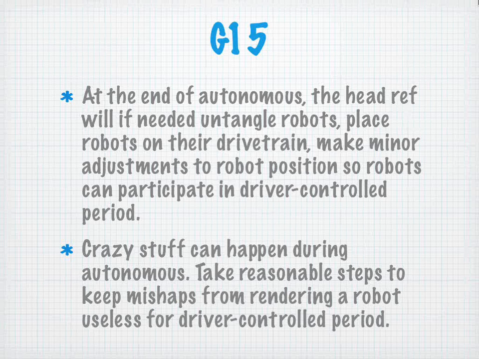In situations like that, we want to take some of the risk out of being brave enough and clever enough to have an autonomous mode on your robot. We don't want people to be punished for that, so we take reasonable steps to make sure they can participate. If you have to turn a robot over or make a significant move, talk to the team and ask where you can grab the robot so you can safely lift it back onto its wheels. Obviously we don't want the ref to damage a robot while trying to fix it.